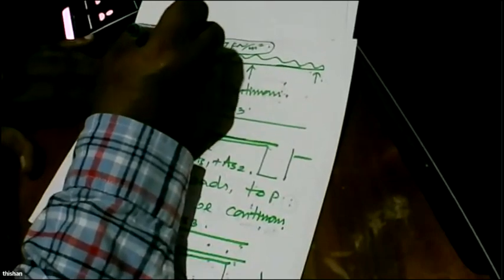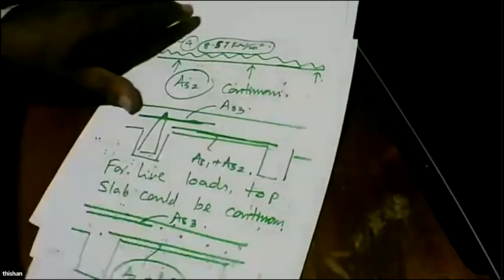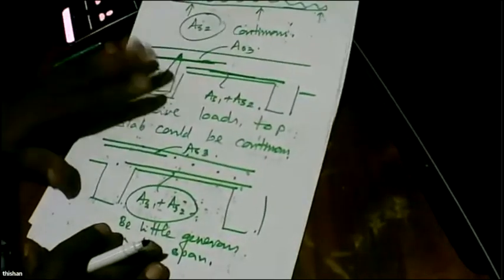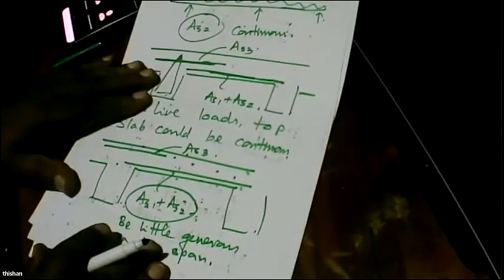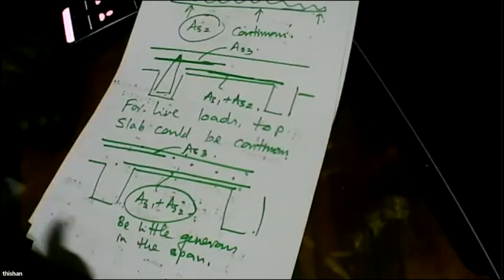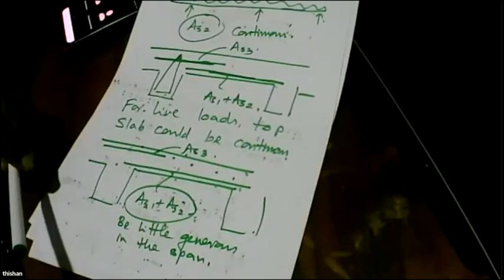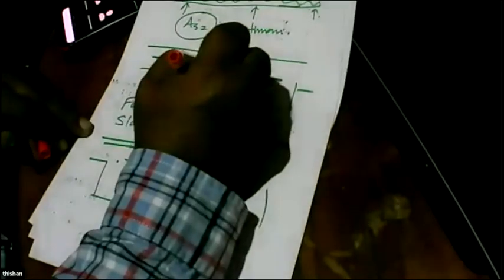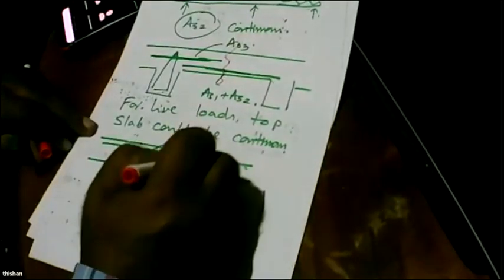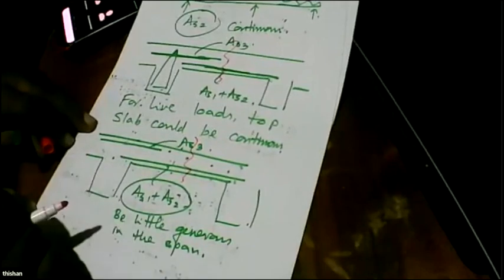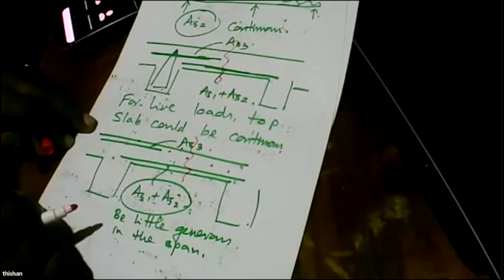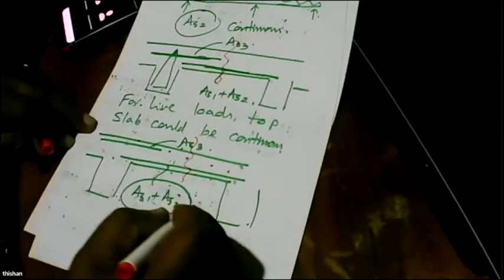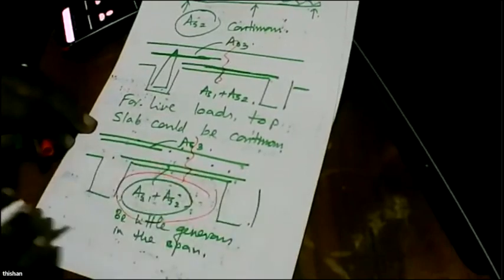because there's only one way this slab bridge can fail. Where is it? At this section, it can fail, and that failure occurs due to sagging moment. So the best way to resist sagging is to be a little generous with this particular reinforcement.